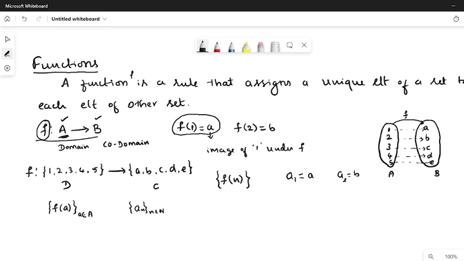For example, suppose R is mapped to Ramesh, A is mapped to Anand, and B is mapped to Balu.